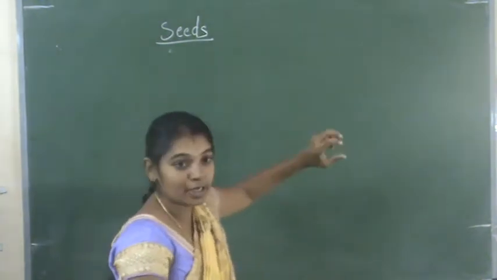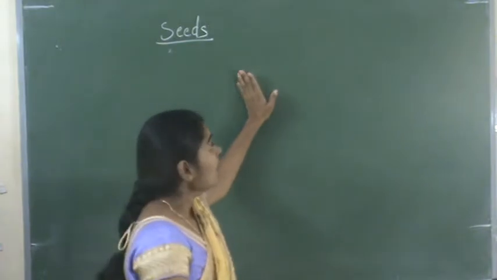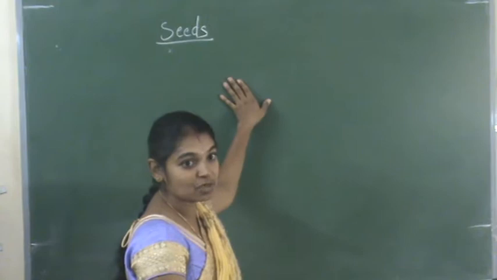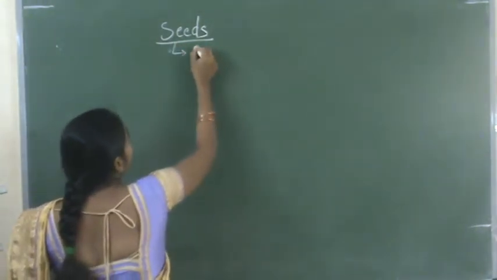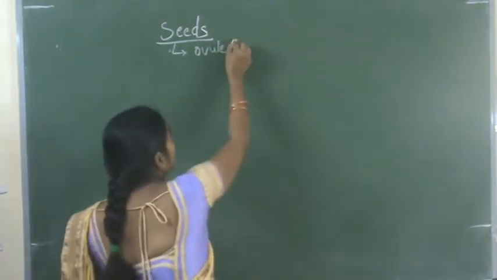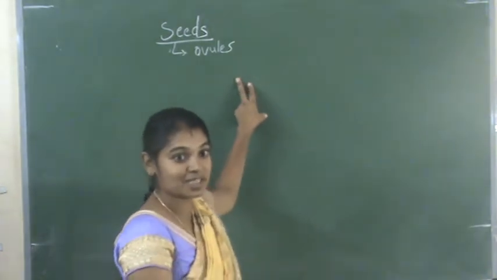What are the two products? One is the seed, that means the embryo, and another one is the endosperm. Here we will discuss the seeds, which are produced from ovules.